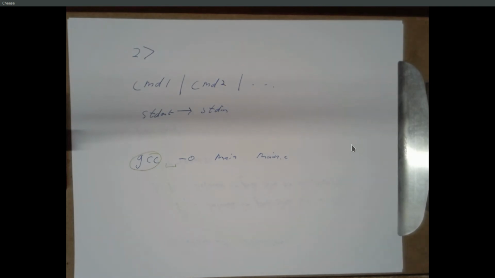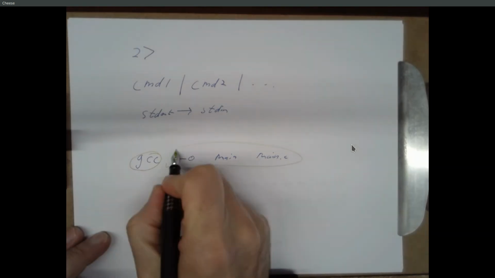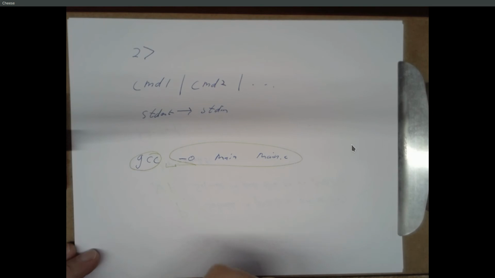And it will look for a file called GCC. And if it finds it, it will run that program with this as the list of command line arguments.